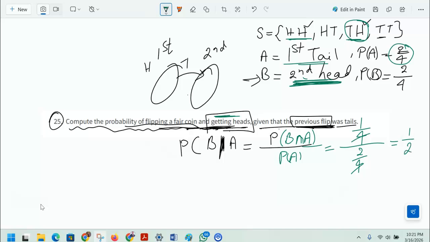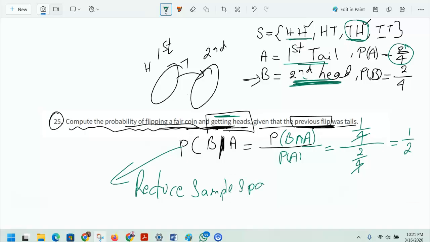In other words, we could also reduce the sample space. If you get confused with this, you could reduce. The probability is B, the second head. I'll write it like this also: second head, when it is known the first one is tail, right? That means you already know the first one is tail.